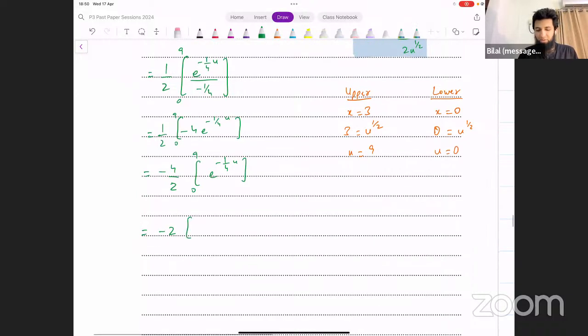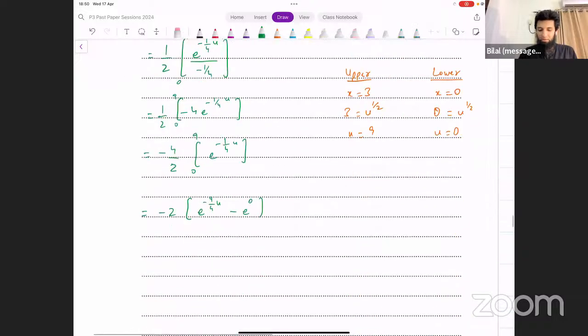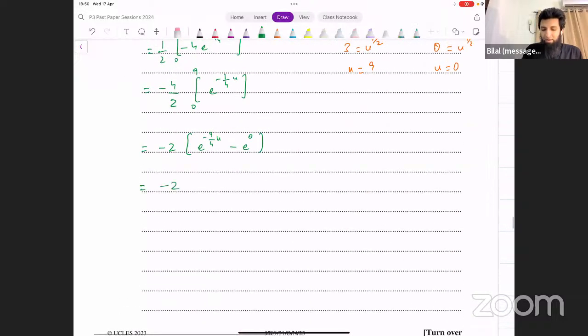Now, when you input the limits, you input 9 once, and that gives you minus 9 over 4 times u. Subtract from that, e raised to power 0, right? 0 over 4, that's 0. You want an exact answer? Yeah, exact area. What does this become? I'm sorry, what am I doing? When you input 9, u gets eliminated as well. e raised to power minus 9 over 4 minus e raised to power 0.